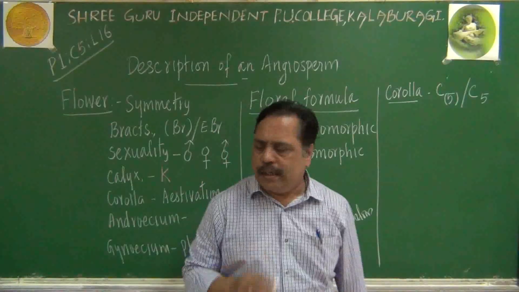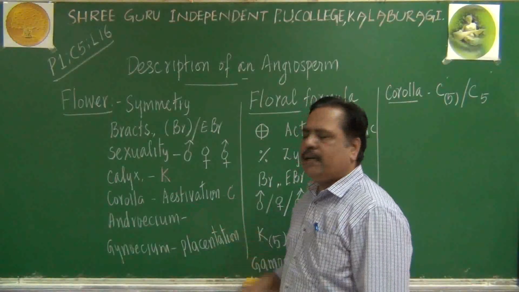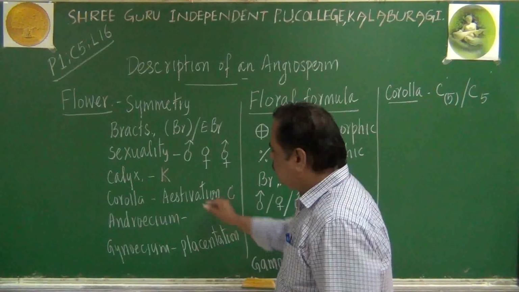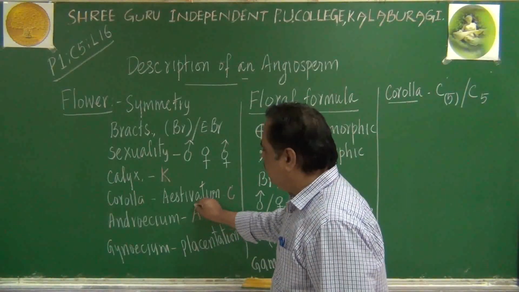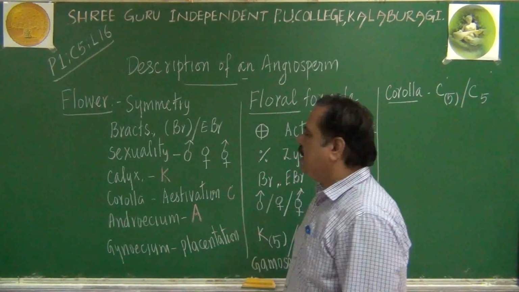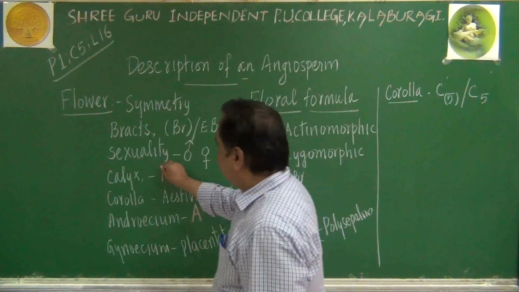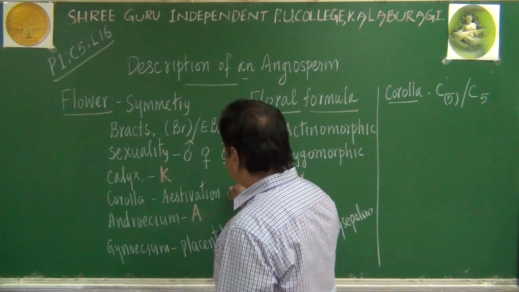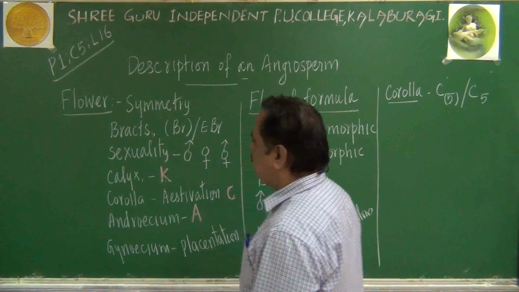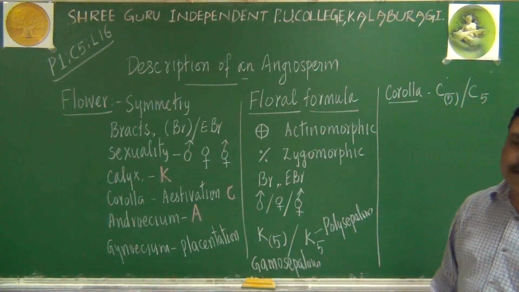Okay. Next floral part is androecium. Androecium is represented with a letter A here. K refers to calyx, C refers to corolla, A refers to androecium.